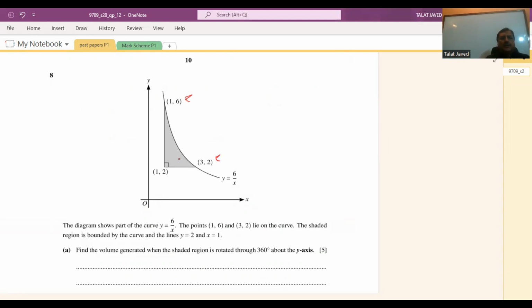The shaded region is bounded by the lines x equal to 1 and x equal to 2, and y equal to 1 and y equal to 2. Find the volume generated. The shaded region is bounded by the curve, the line y equal to 2 and the x-axis. Now we will find the volume generated.